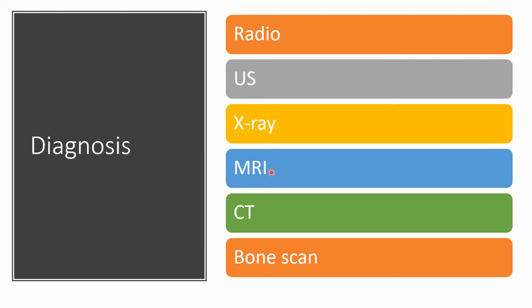It's the best here because MRI can help with infection, can help with compression fracture, can help with many things. CT will be better when it comes to bone delineation, right? But MRI is the best radiological investigation.